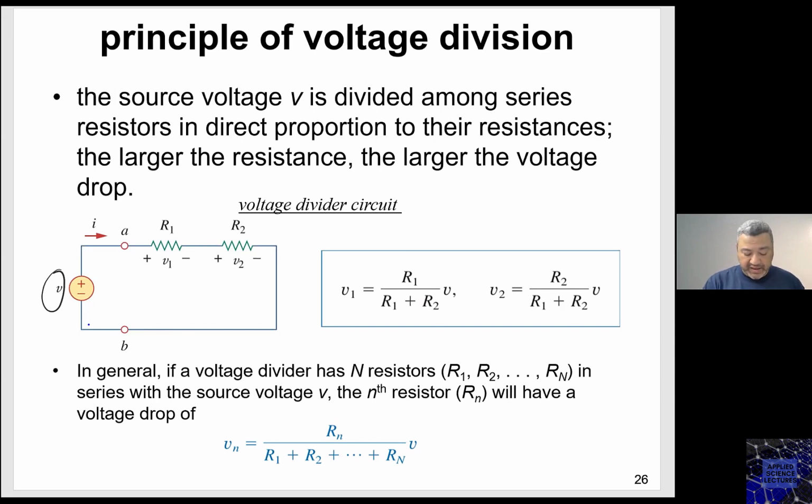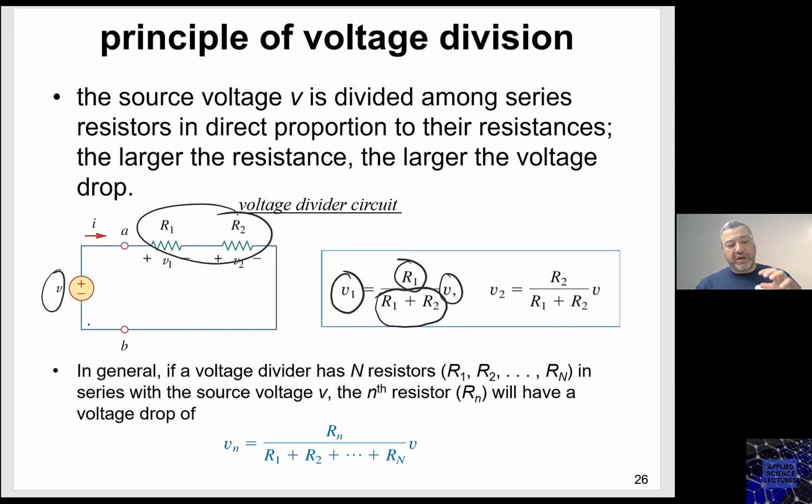It says that V1 is proportional to the resistor that it is across, divided by the total resistance that this source is seeing. So here V1 equals R1 over R1 plus R2, which is the total resistance, times V. So R1 over R1 plus R2 defines the ratio.